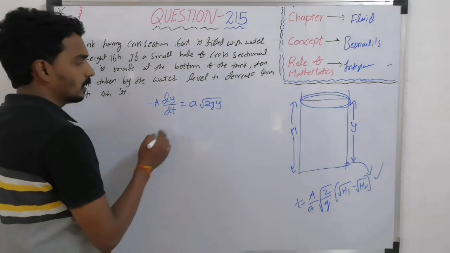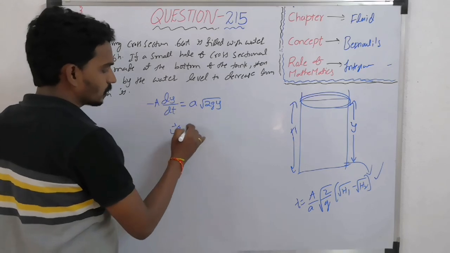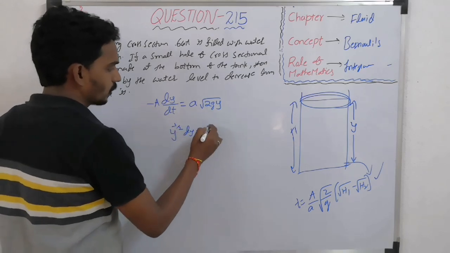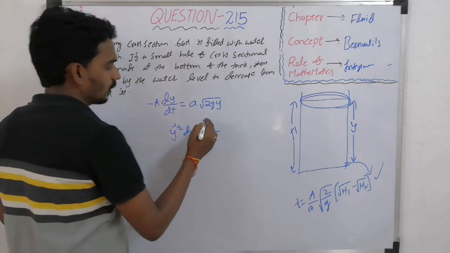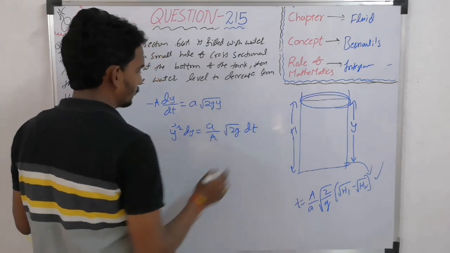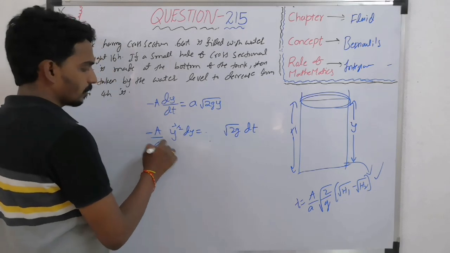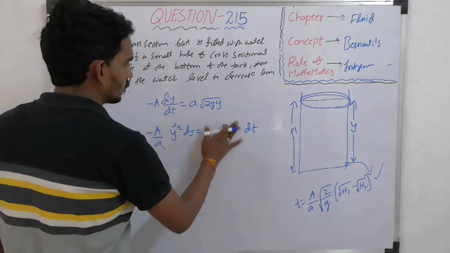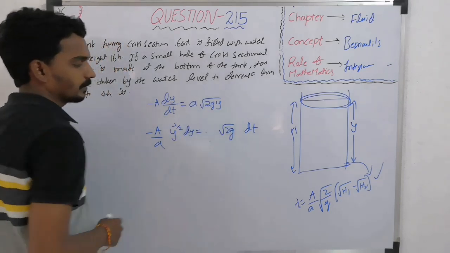Then if you bring this y this side, y power minus 1 by 2 dy equals minus a by capital A, and let root 2g stay on this side with dt.